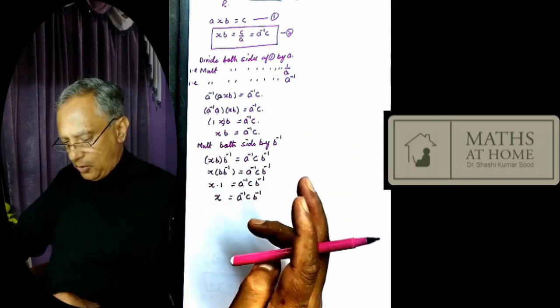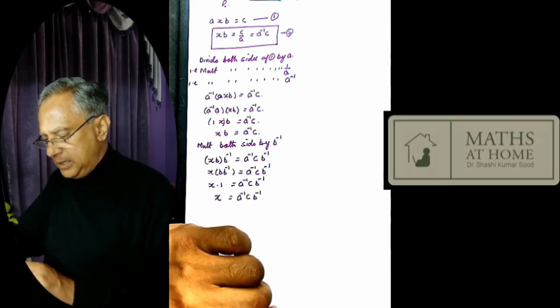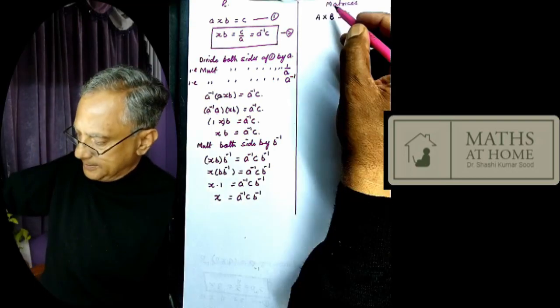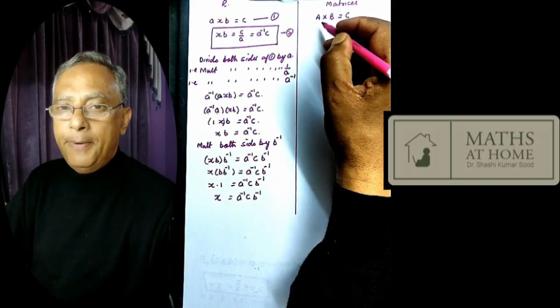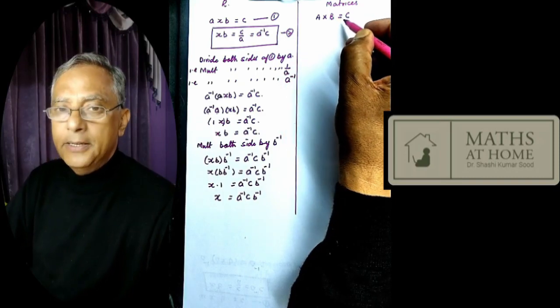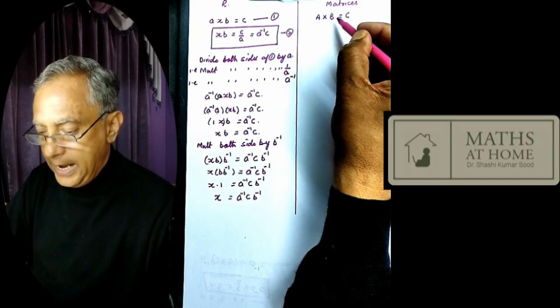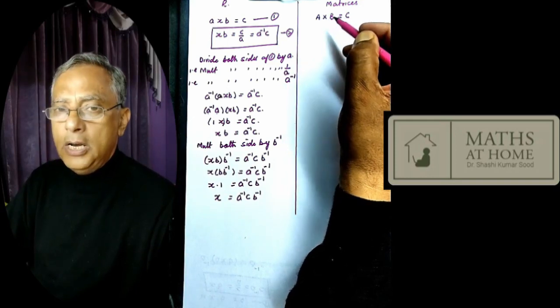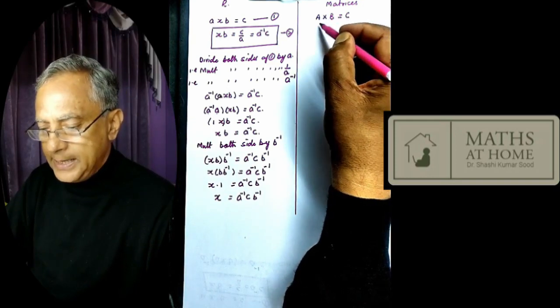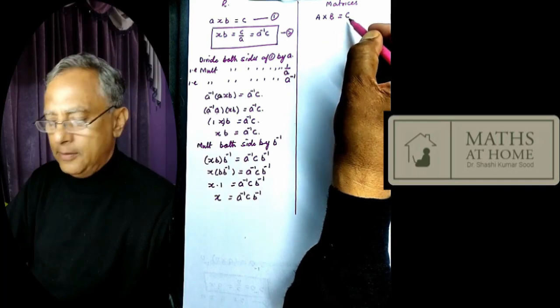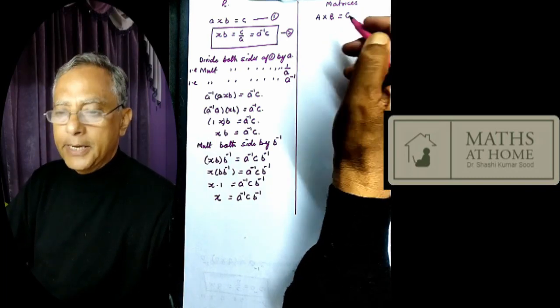So this was the purpose of telling this. Now I translate this for matrices. I take a very simple matrix equation parallel to this, where A, X, B are all square matrices compatible for matrix multiplication.